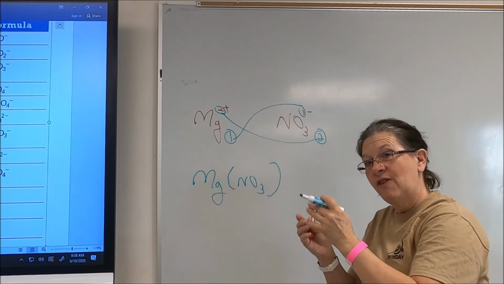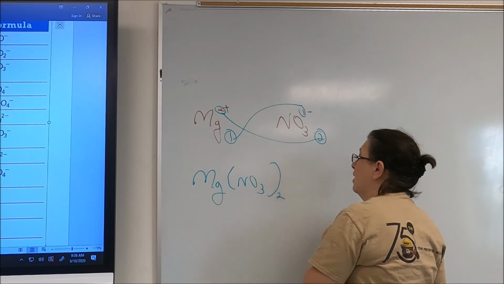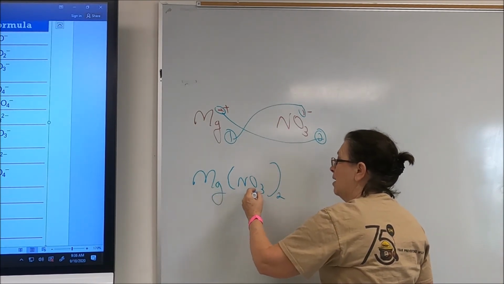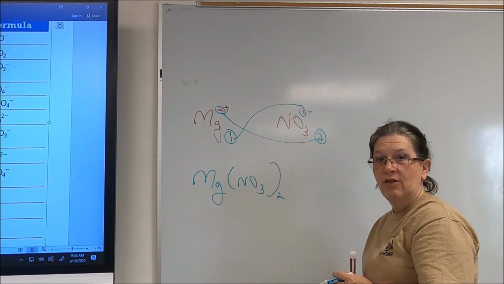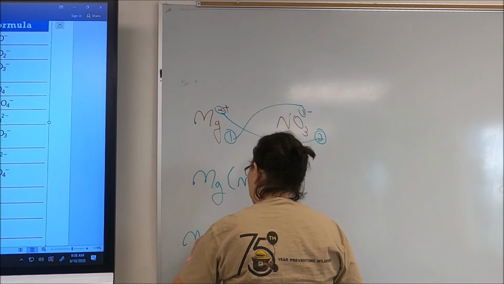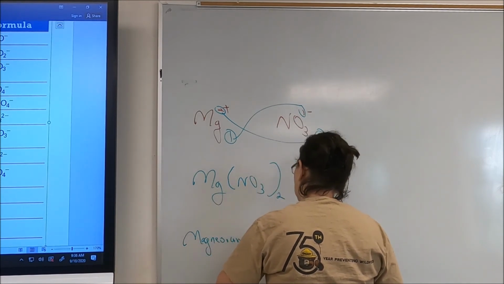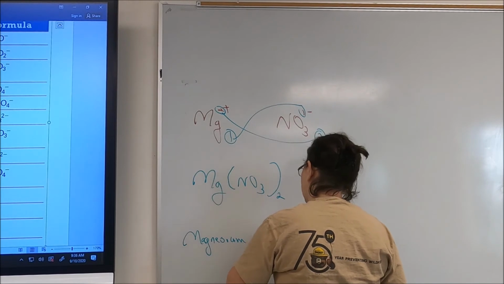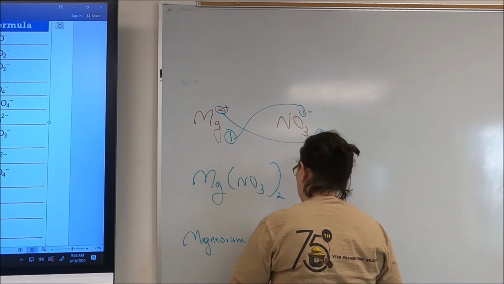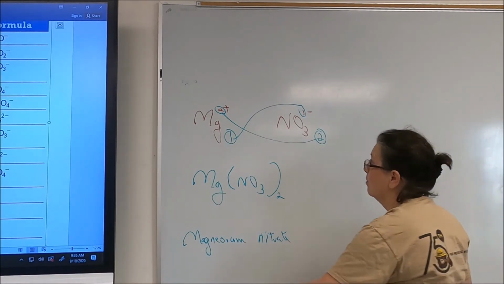That reinforces the fact that that's a unit. And then I'm going to put a subscript 2 down here. So it says I have 1 magnesium and 2 of these nitrate units. The name of this is magnesium nitrate. Actually, that should be a lowercase n. So magnesium nitrate.